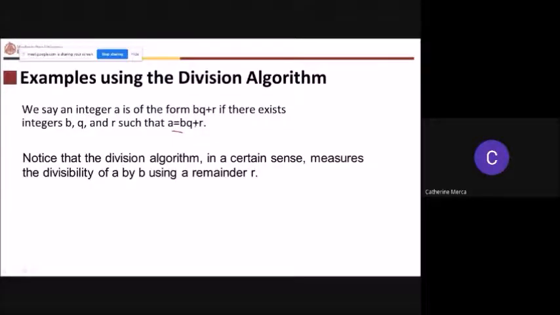So, BQ plus R. Division algorithm, in certain sense, measures all divisibility of B using your remainder R.